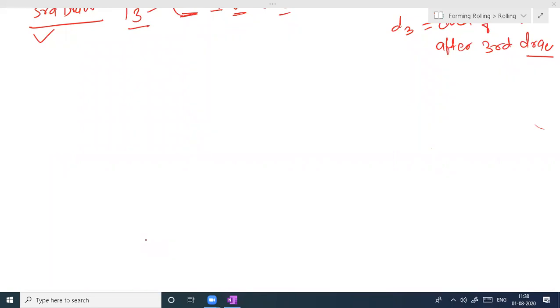How did we derive the total? No, Amal, we took that value. We didn't derive it. It is an empirical formula. We have not derived it.